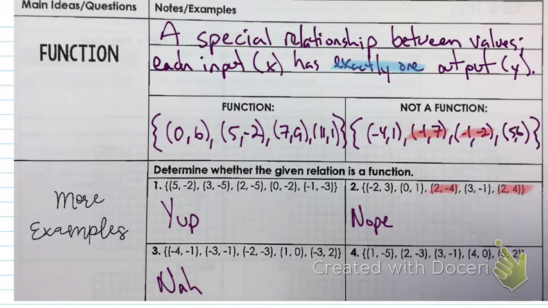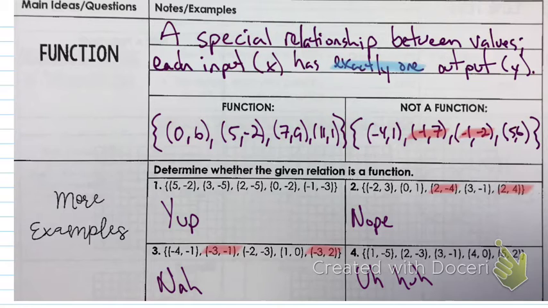So you can have 2 -3s. However, if you have -3 twice, you need the same range. You need the same y value. Great. And number 4, I'm going with Jaden. Function or not? Yes, because each domain has exactly one range.